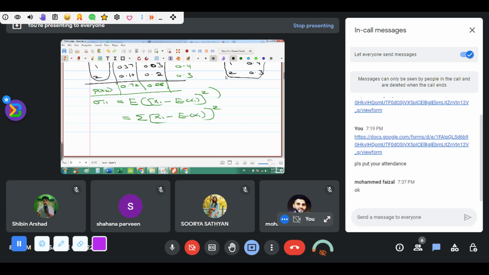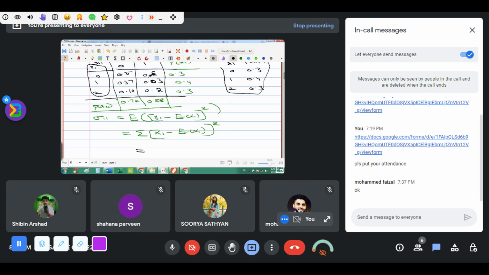Now find the calculation. What is the first variable? 0, correct. First variable 0 minus, what is the E of x1 value? E of x1 is already done. E of x1 is equal to 1 only. Expected value, correct? In the mean vector, the first value is 1 only.